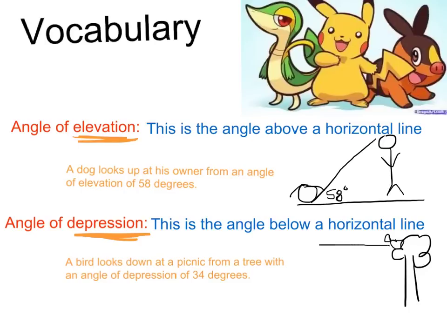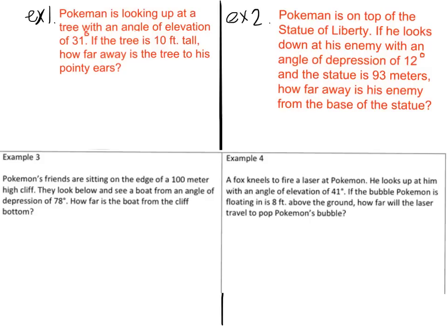Now, here is the horizontal line, and he's looking down with an angle of depression of 34 degrees at a picnic. Here's a picnic basket. Okay. So keep these in mind as we go through a couple word problems.